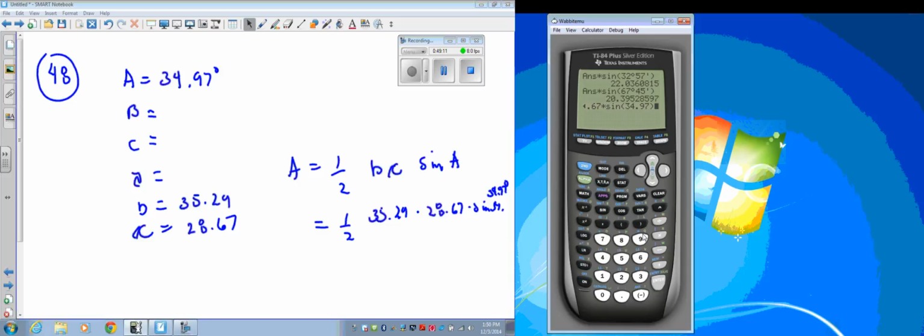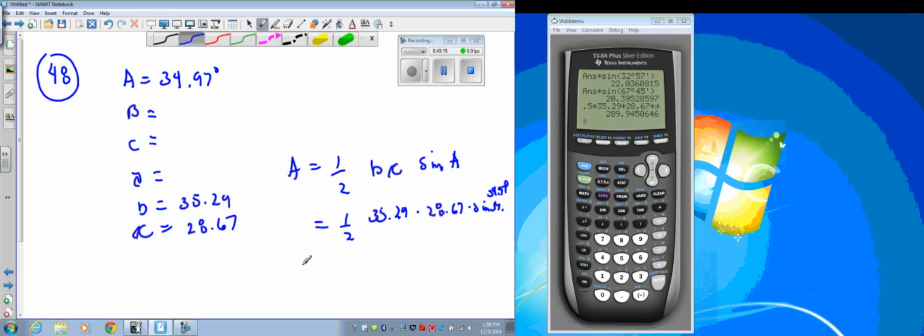Bracket it. 289. So the area is going to be 280. I guess, I don't know, depends on what you want for accuracy. 95. And whatever the units were.